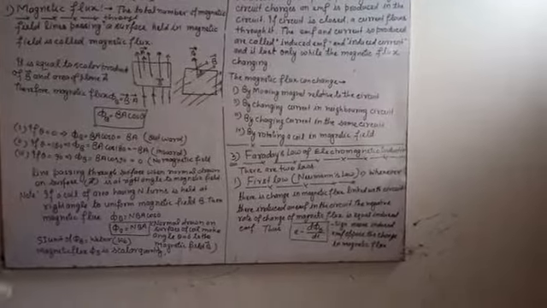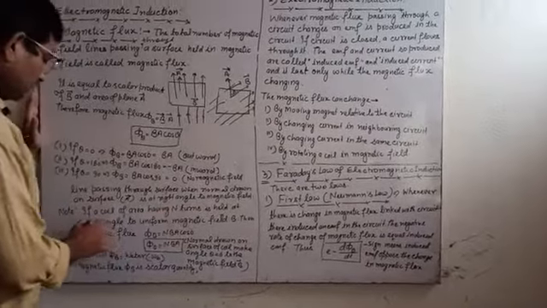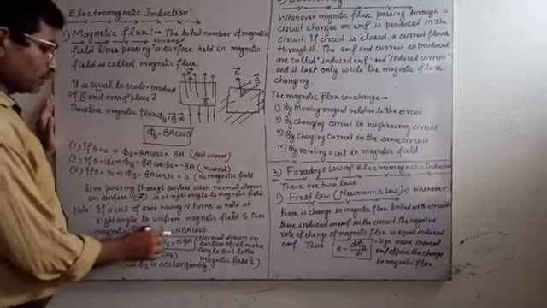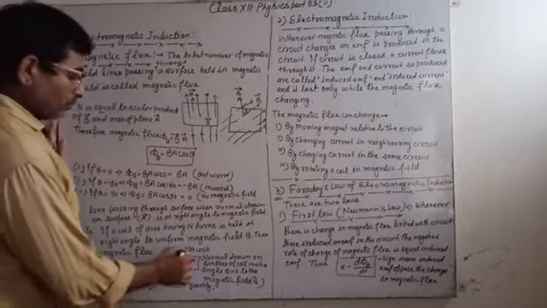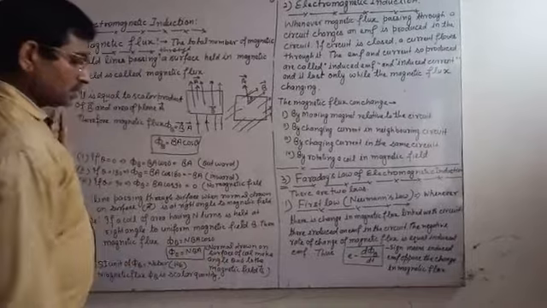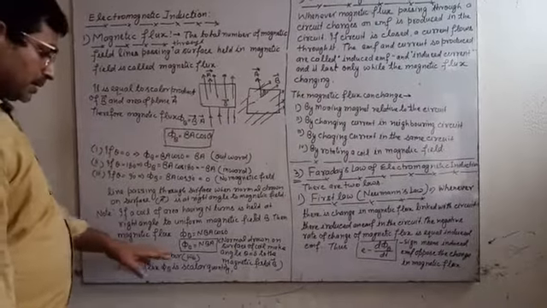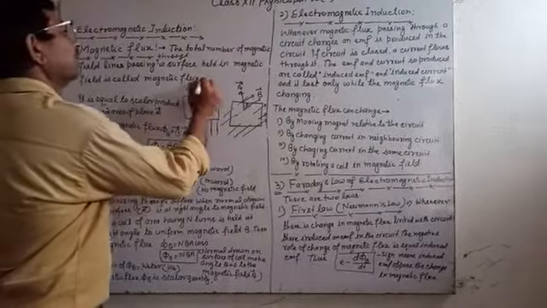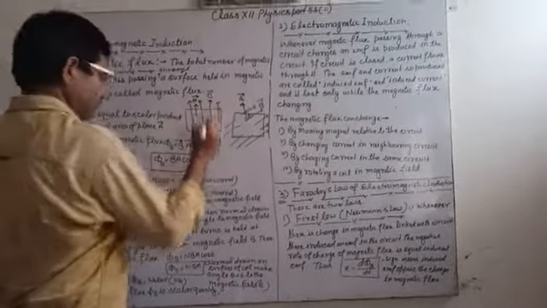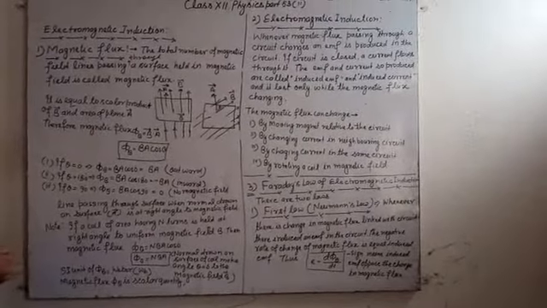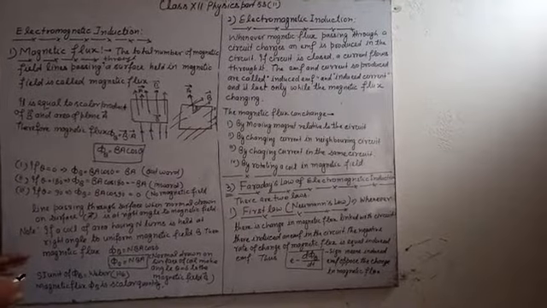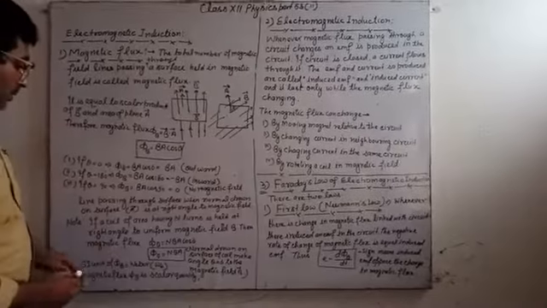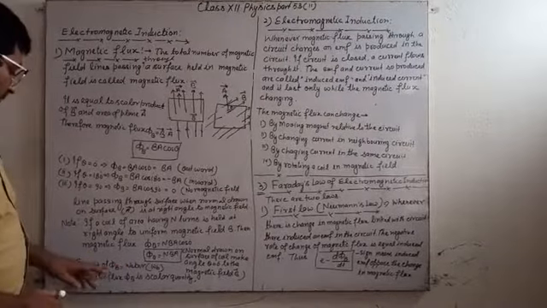Here, note, if a coil of area A having n turns is held at right angle to the uniform magnetic field, then magnetic flux phi equals N B A cos 0, that will be N B A. The normal drawn on the surface of the coil makes theta equal to 0, meaning the normal is directed along the direction of vector B, so phi B equals N B A. The SI unit of magnetic flux is the Weber, Wb.